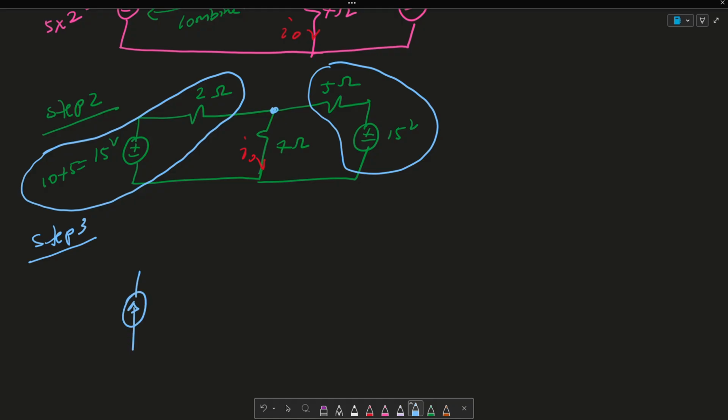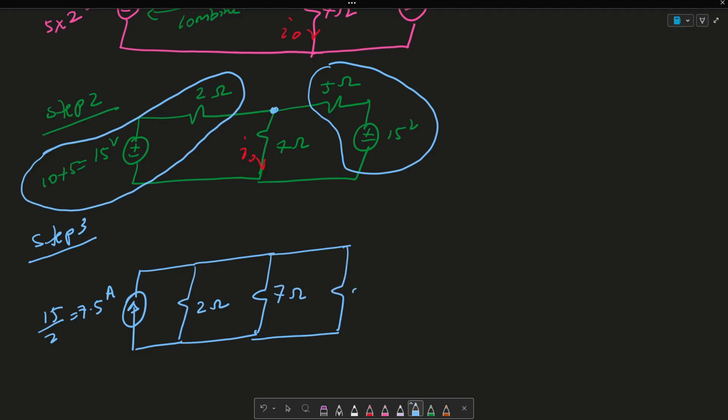So you have this current source, which again is going to be 15 divided by 2, or 7.5 amps. You're going to put it in parallel with a 2 ohm resistor. I'm going to leave my 7 ohm resistor as is. This is going to be in parallel, so 5 ohm resistor in parallel with another current source, which is going to be 15 divided by 5, which is going to be 3 amps.